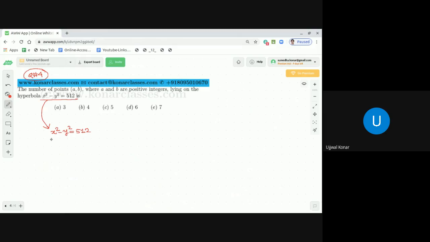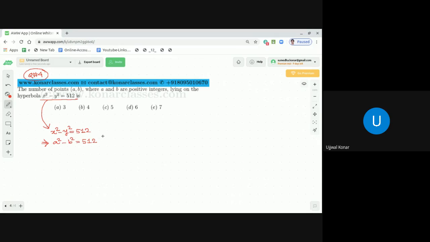So x equal to A and y equal to B, and we will get something like this. This implies A square minus B square is equal to 512.